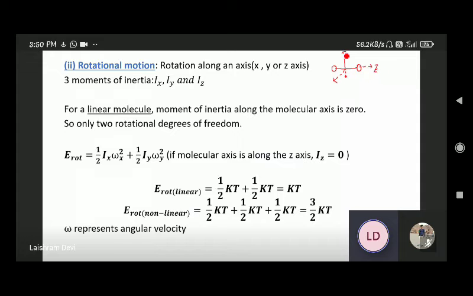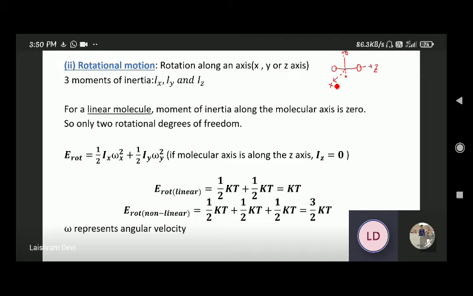Let this be the y axis, and let this be the x axis. ठीक है? And here we can say that ये जो है the molecular axis is along the z axis. ठीक है? So now the molecule can rotate along these 3 axes. It can rotate along the z axis also. It can rotate along the y axis also, and it can rotate along the x axis also, right?